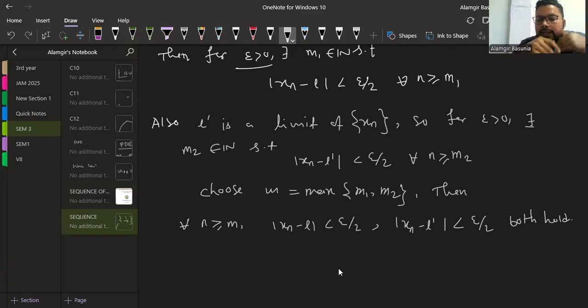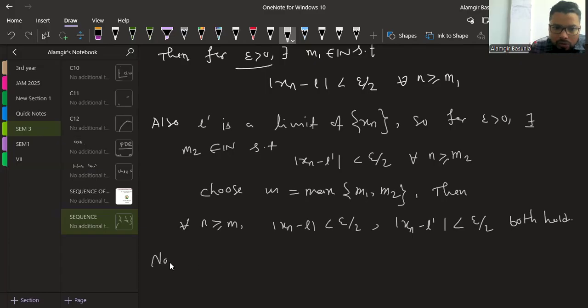Now, if I want the age group who will play both cricket and football, then I have to take the maximum of bigger than 10 and bigger than 20. That means if I choose bigger than 20, then they will play both football and cricket. That is why here also we can choose m as the maximum of m1 and m2. Then this can hold.